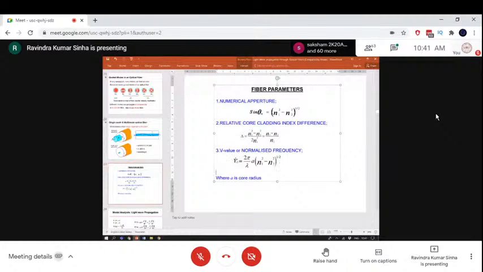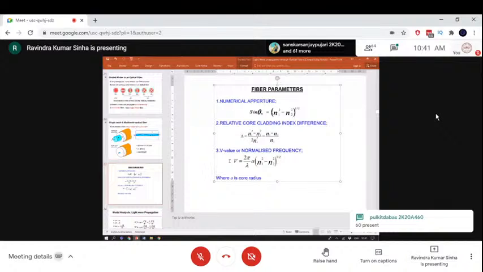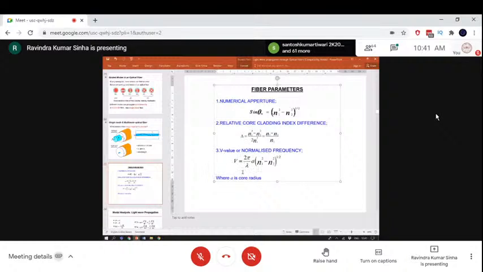If this value is more than 2.4048, then the fiber remains multimoded. If the V value is less than 2.4048, that is called single mode. Again, if we change the lambda, you can change this. That is why I have said that for red color, which has a higher wavelength, this will be small.